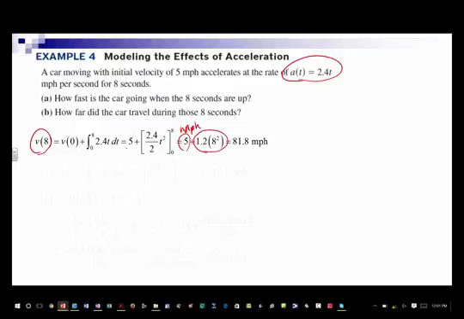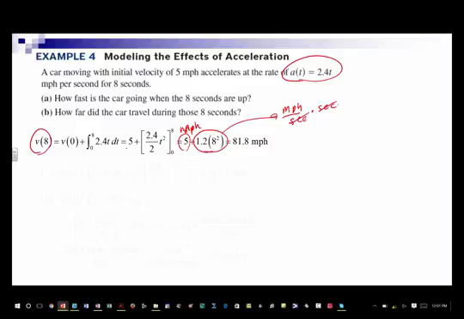And this thing here is, funnily enough, in miles per hour per second multiplied by seconds, and those seconds cancel. So our ending unit is miles per hour.